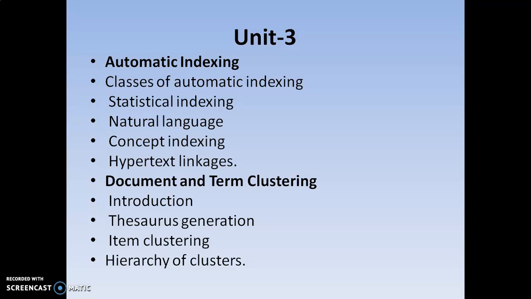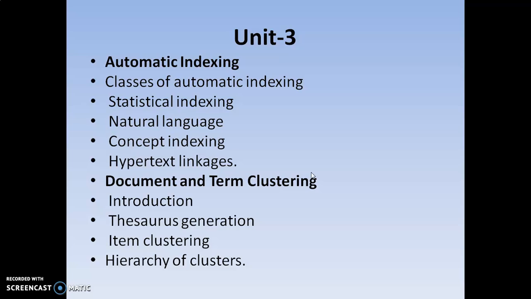Now coming to the second subsection, document and term clustering, we have concepts like introduction, thesaurus generation, item clustering, and finally hierarchy of clusters. So these are the topics to be covered from unit number 3.